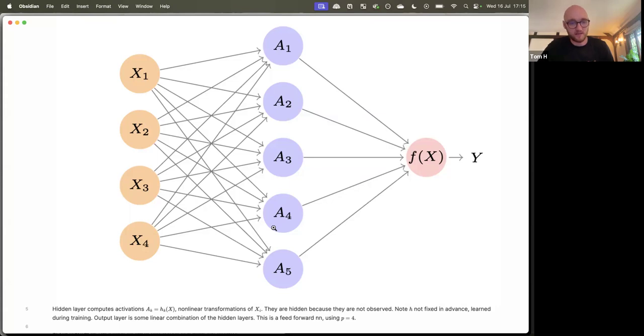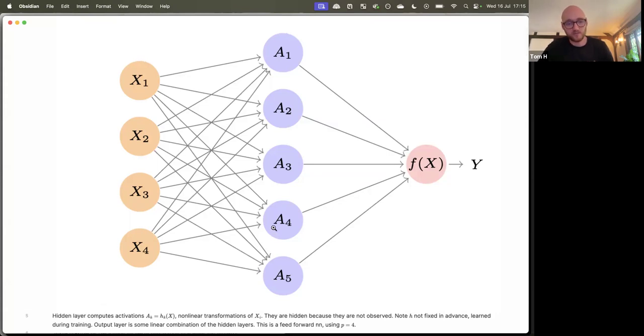This is a feed-forward network with p equals 4, where p is the number of features, so we've got 4 X's on the left, and 5 units in the hidden layer, and only 1 hidden layer. We'll see later on these get much longer, surprisingly longer, and can also get deeper. You can have multiple hidden layers.